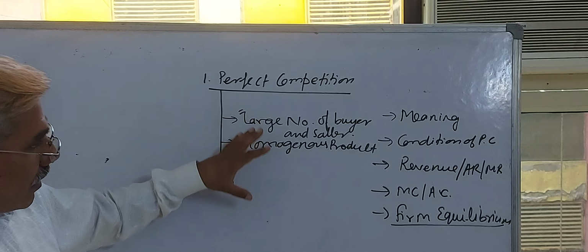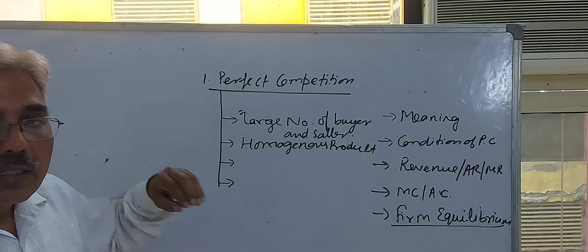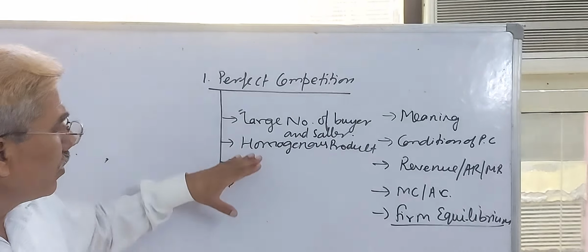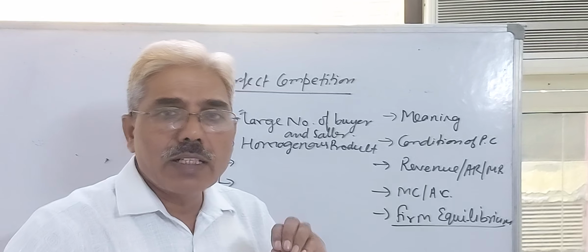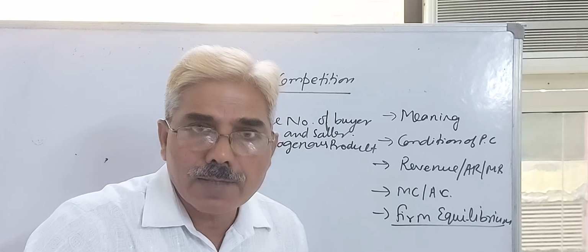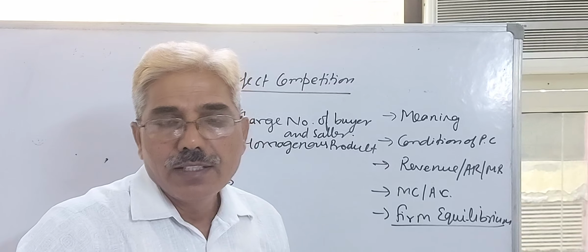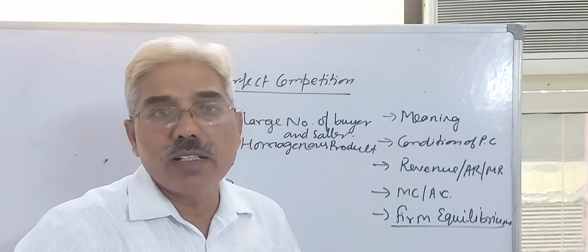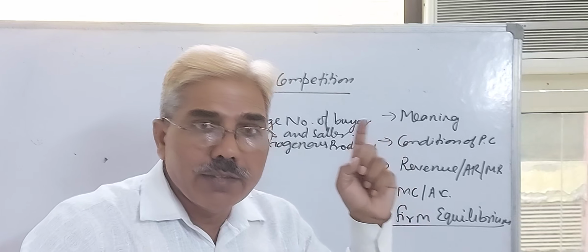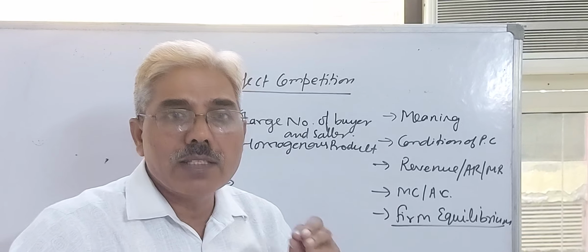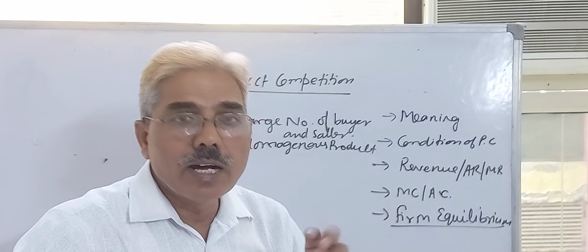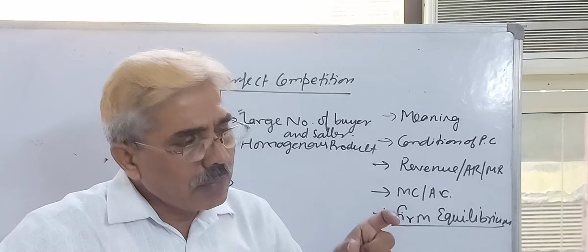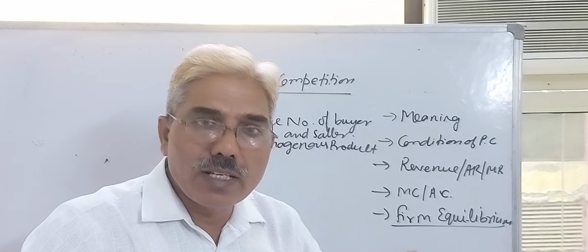I will analyze all points deeply when I discuss them with you. Second, a homogeneous product means the products are completely homogeneous. There is no difference in quality and quantity anywhere. For example, suppose you are taking Surf Excel washing soap, same quantity, same quality.